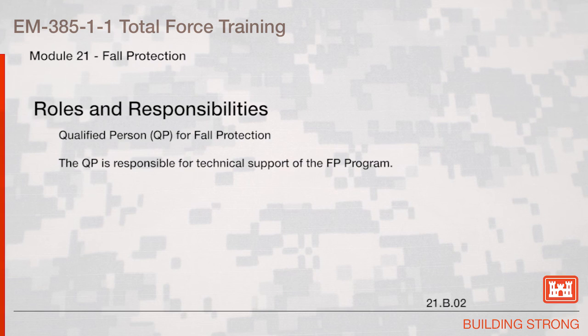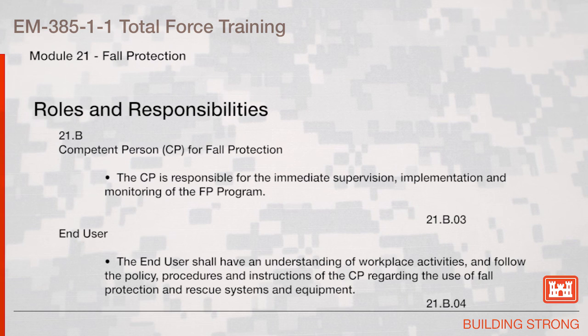The qualified person for fall protection is responsible for technical support to the fall protection program. The competent person for fall protection is responsible for the immediate supervision, implementation, and monitoring of the fall protection program. The end user shall have an understanding of workplace activities and follow the policy and procedures and the instructions of the competent person regarding the use of fall protection and rescue systems and equipment.